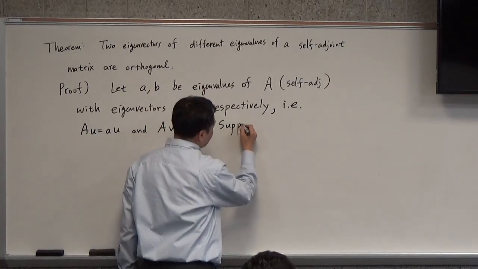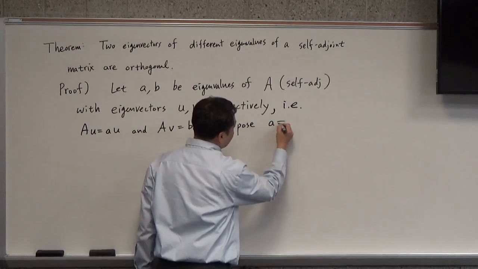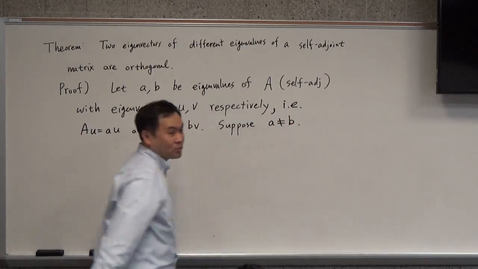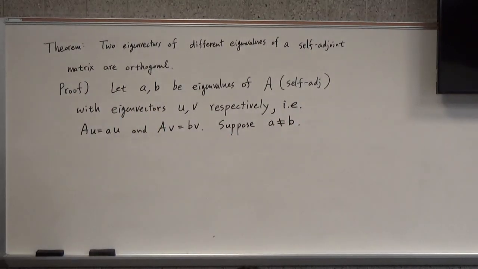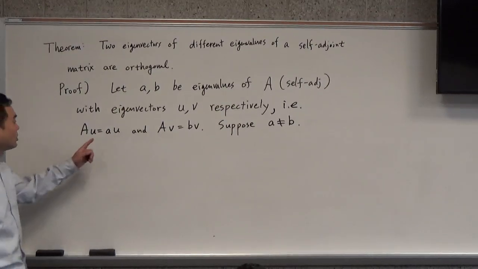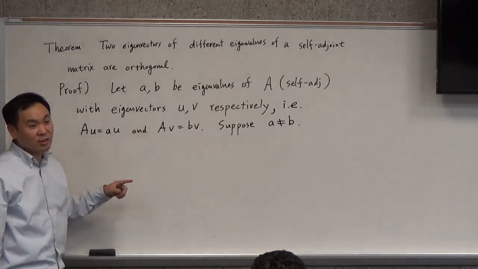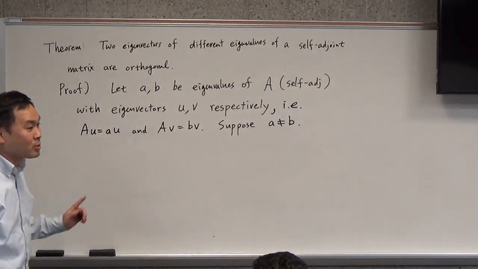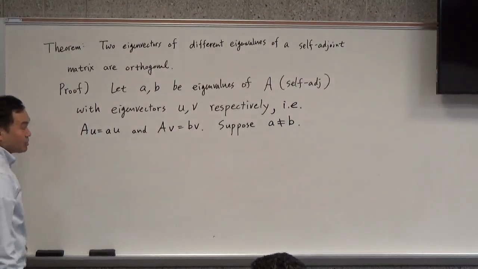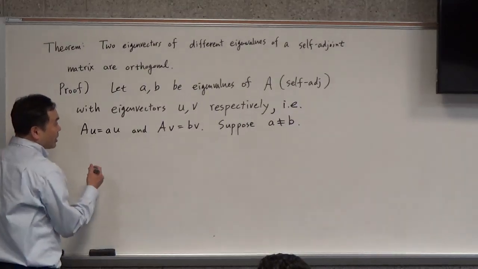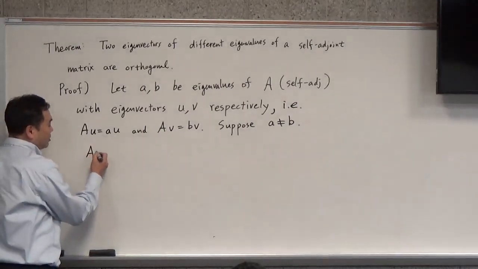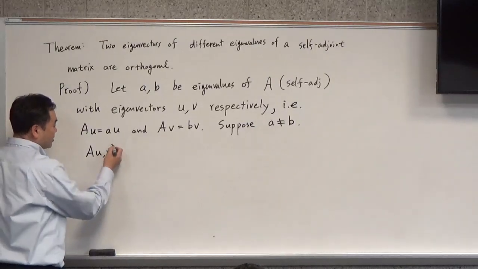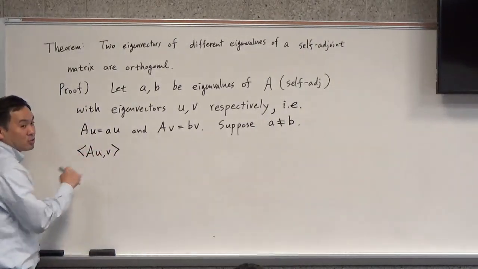Suppose a is not equal to b. So it's our assumption. So you have two eigenvectors u and v whose eigenvalues are different. Now let's see what happens if you have such a case. We can say that A u, v can be computed in two different ways.